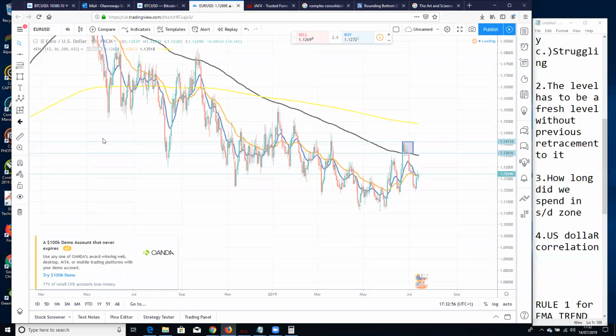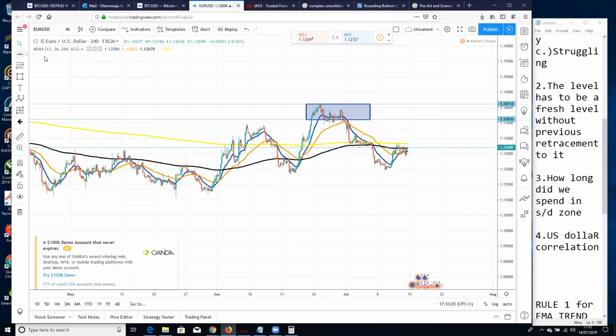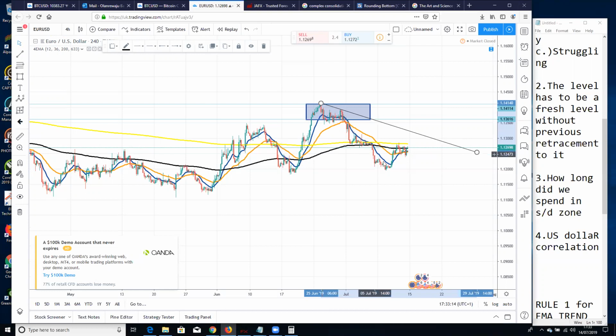All right, so let's look into our 4-hour chart. Looking into the 4-hour chart, the first thing that we want to do is see whether we have a trend line break. So we have a high there, lower high, all right? And this is the way the trend is going down, all right? And then we are looking for a possible break of this particular trend line if price is ever going to go up.